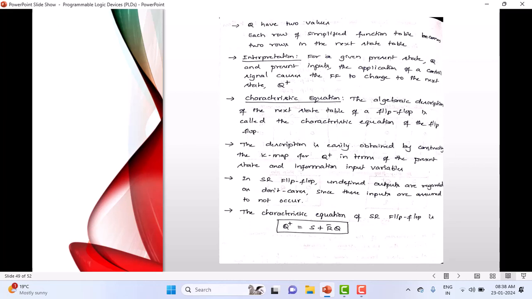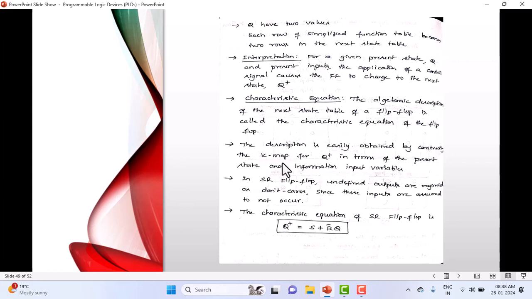This is the definition of characteristic equation. What do you mean by characteristic equation? It is an algebraic description of the next state of a flip-flop. As I told you, it describes the property of a flip-flop, nothing else. Now we'll see how to describe the flip-flop with the help of a characteristic equation. The description is easily obtained by constructing a K-map.